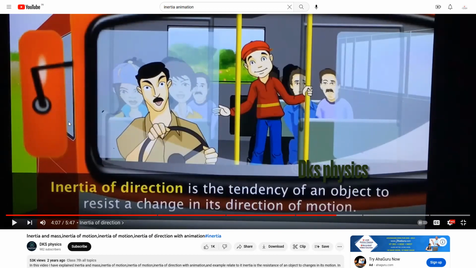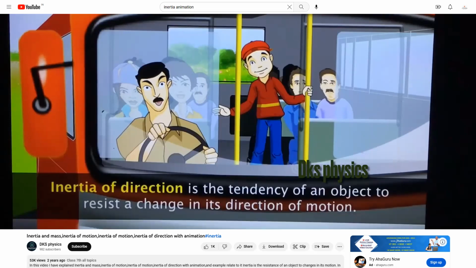If the bus takes a right turn, you will fall into the left. If the bus takes left, you will fall into the right. If the bus takes right, you will fall into the left. You can notice the tendency of an object to resist a change in its direction of motion.